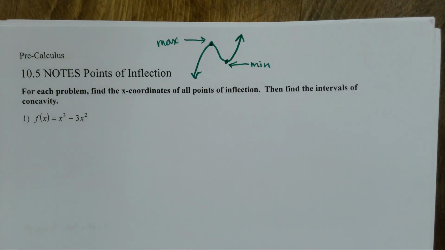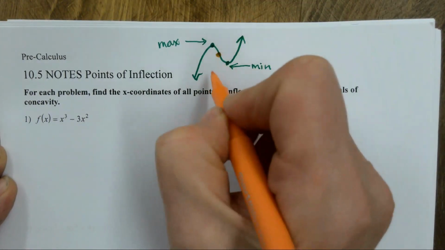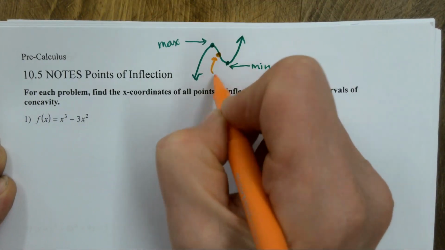Those are my relative extrema. I also have a point of inflection. And the point of inflection is the exact location that this graph changes from concave down to concave up. And so my point of inflection is somewhere in here, just somewhere in the middle.